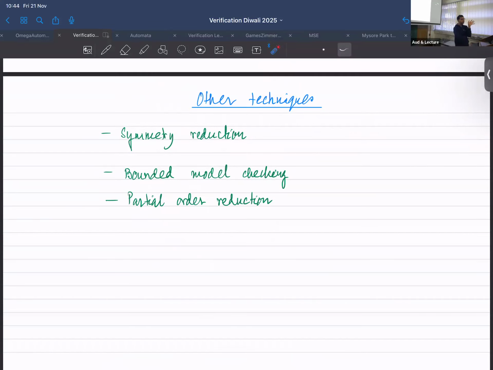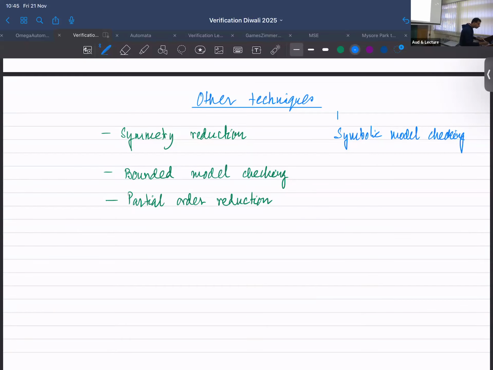So this is one thing that we saw, which is symbolic model checking, particularly in the context of CTL model checking.